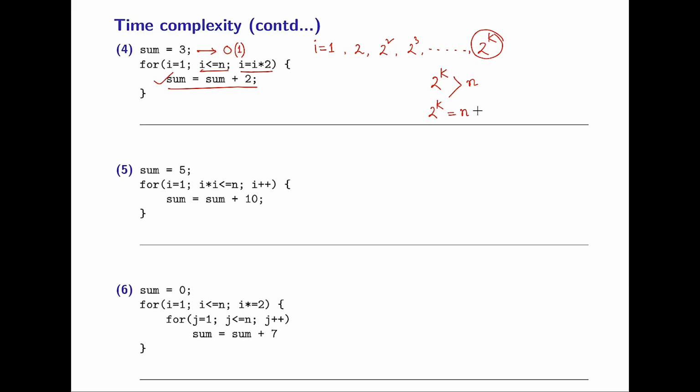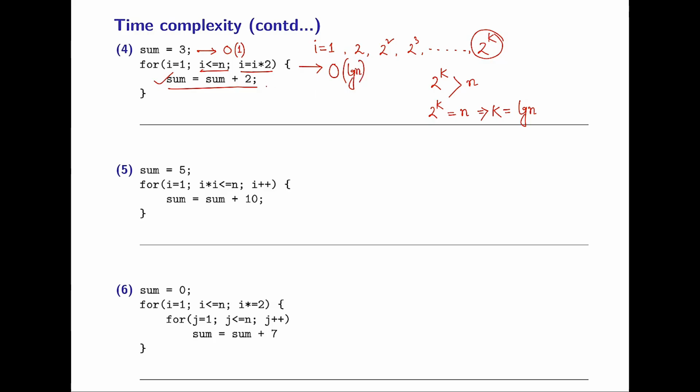Anyway we are going to provide an upper bound, so it doesn't matter in that sense. So k will be log n base 2, which we can write as lg n. Now we know k, so this loop is going to run big O of log n.